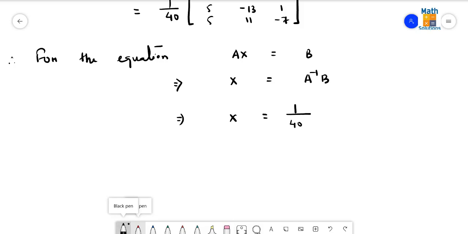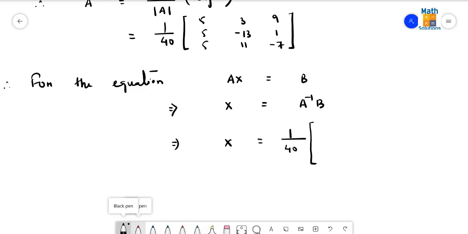Then inside it we can write 5, 3, 9, then 5, −13, 1, then 5, 11, −7, into the value of B, which was 5, −4, 3.